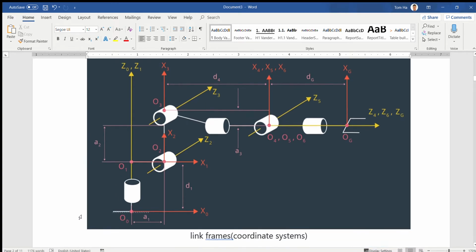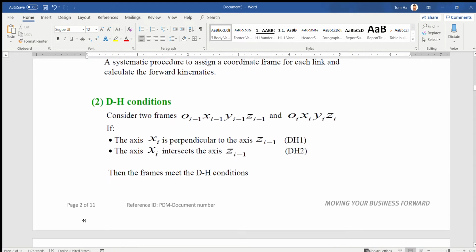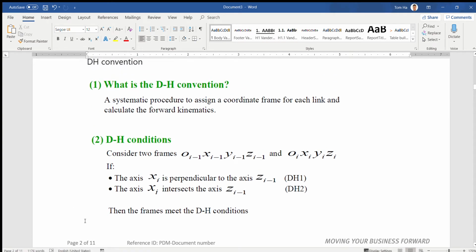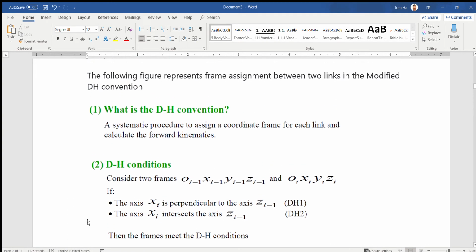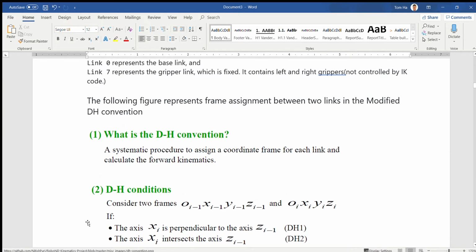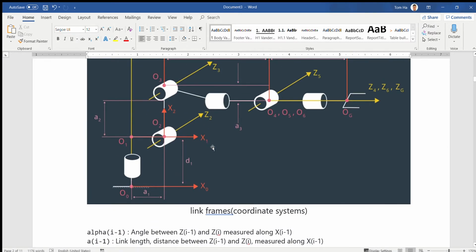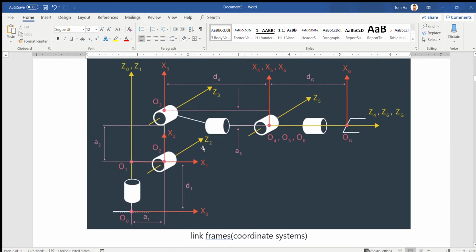So I hope you remember the DH convention. What is the DH convention? The DH convention is a system designed for the coordinate frame at each joint. For example, right here you have frame 0, frame 1, frame 2, frame 3, frame 4, 5, 6, okay, and the frame of the end effector.